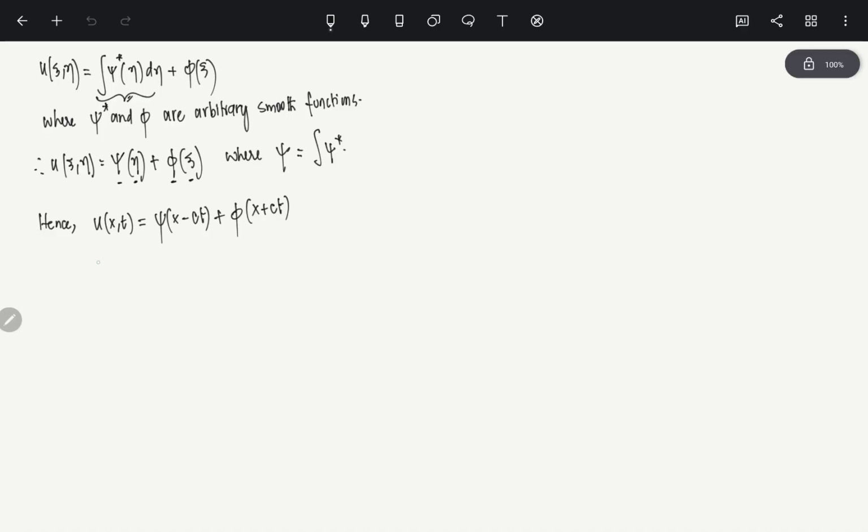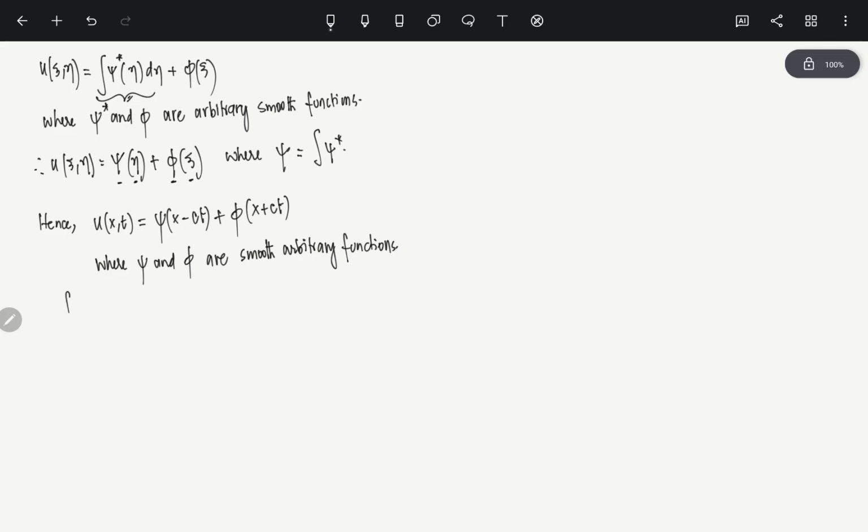Where phi and psi are smooth arbitrary functions. Clear? Okay.